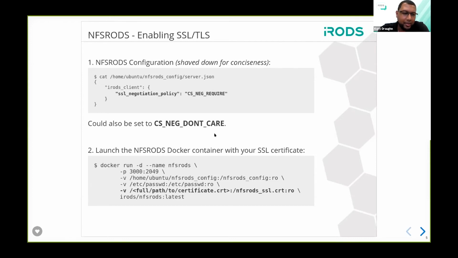This takes the same parameters you would find for acPreConnect within the iRODS core.re file, and depending on which one you set, the behavior for how SSL is handled will change. The next step is to volume mount your SSL certificate into the container at the right location. In this case, you always want to mount it at nfsrods_ssl.crt with read-only permissions. This is all that's necessary to add SSL support.